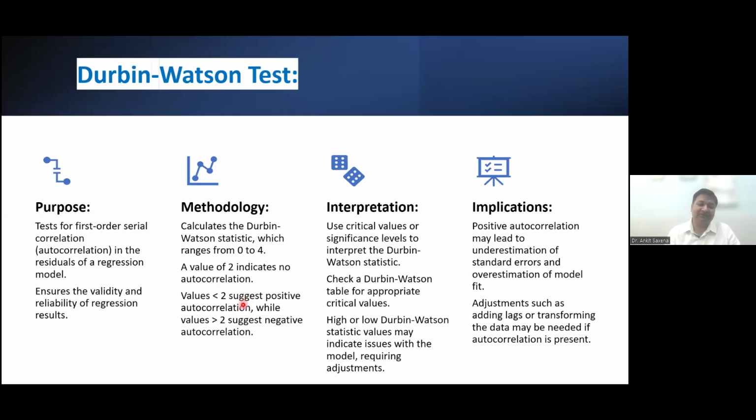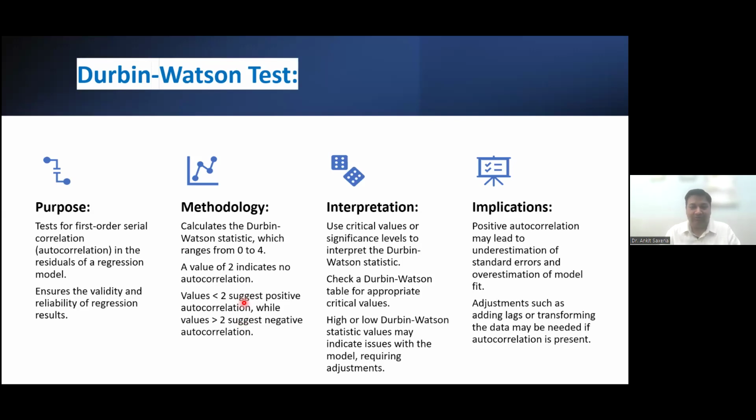And if the values are slightly towards 0, or slightly towards 4, that tells you there is some serious autocorrelation in the residual terms, and then we need to use some residual diagnostics, upgrade and modify our model, and use the appropriate techniques which take care of such residuals that are causing an issue in the validity of the regression model.